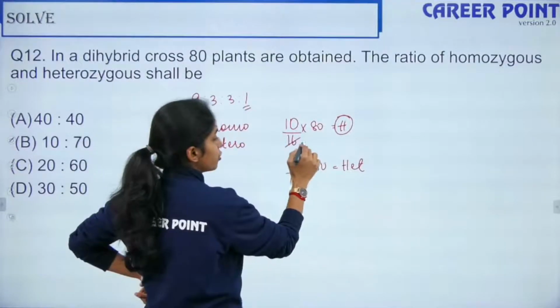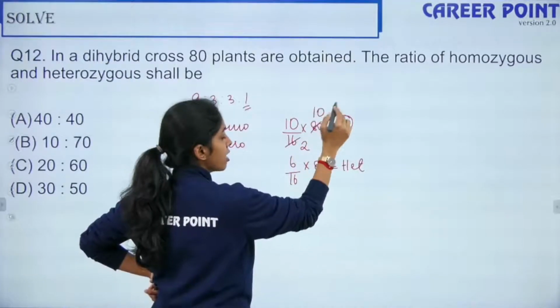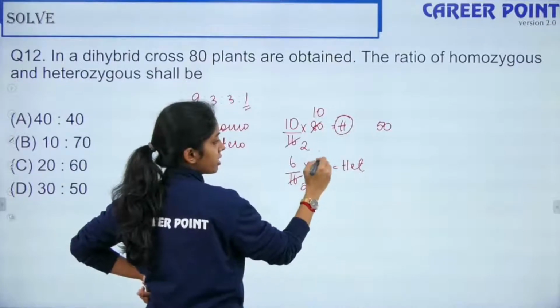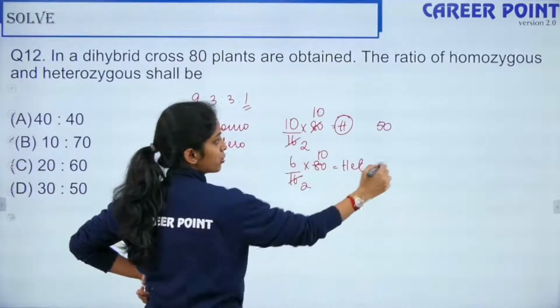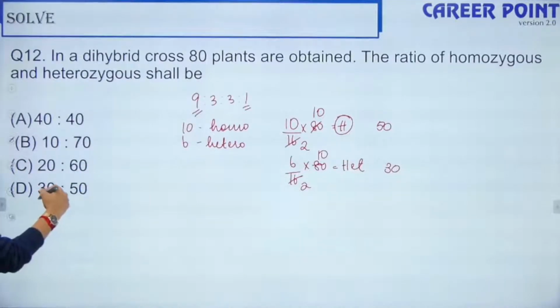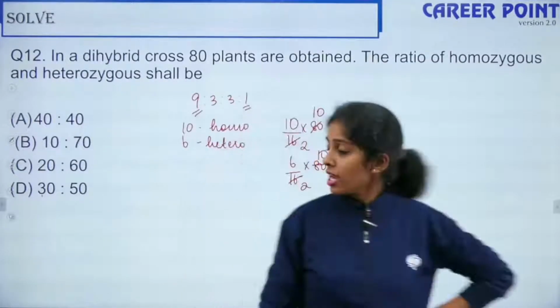So this is 8 twos are, this is 10s are. So this is 60/2, this is 30. So this is 50:30. So which can be 30:50 because first they are asking you homozygous condition. The ratio of homozygous and heterozygous shall be, okay.